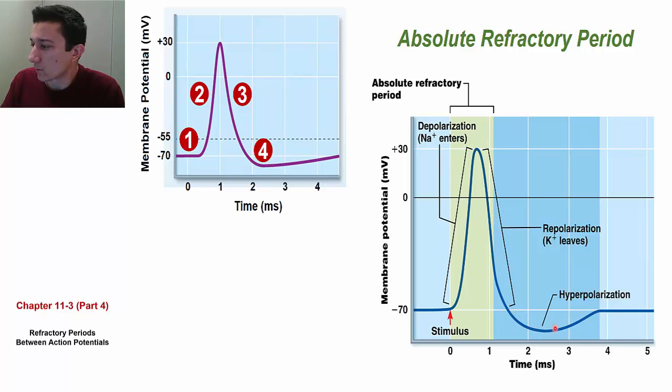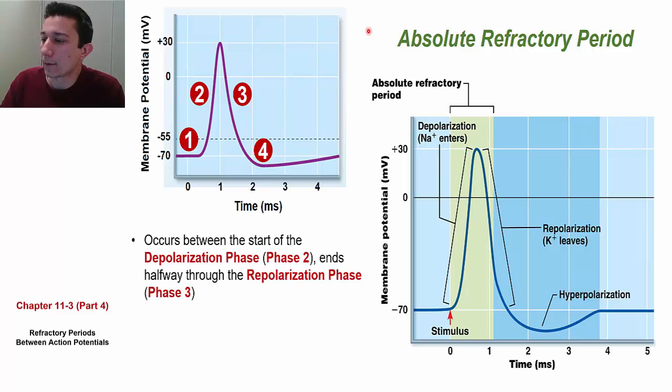And then we have this dip below resting membrane voltage, temporarily called hyperpolarization. So when does the absolute refractory period occur? This is a point in time when a new action potential cannot occur no matter how strong our stimulus is. We can have the world's strongest stimulus at this part of the membrane, and it still won't create a new action potential. This one that's going on right now has to finish before a new one can be created.